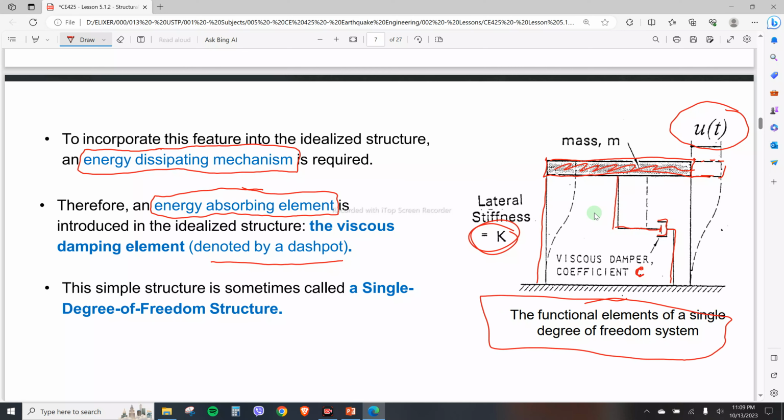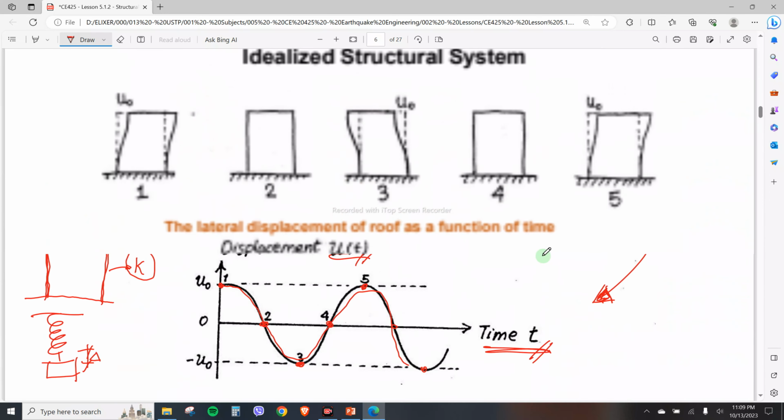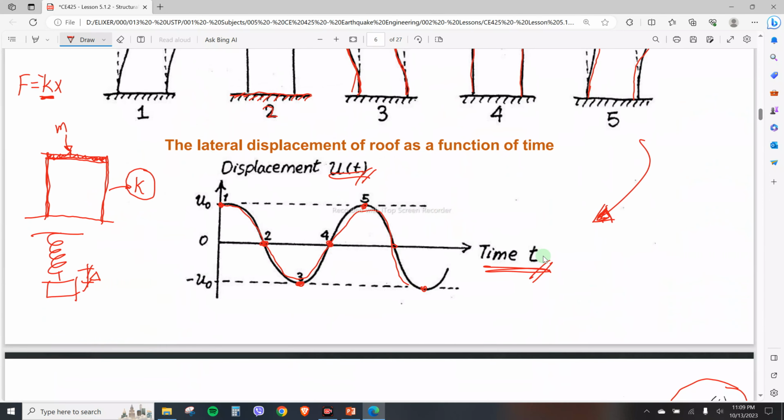From the previous example, the motion was perpetual, going back and forth. By the application of the energy damping system, our graph, or the displacement, will eventually come to a stop.